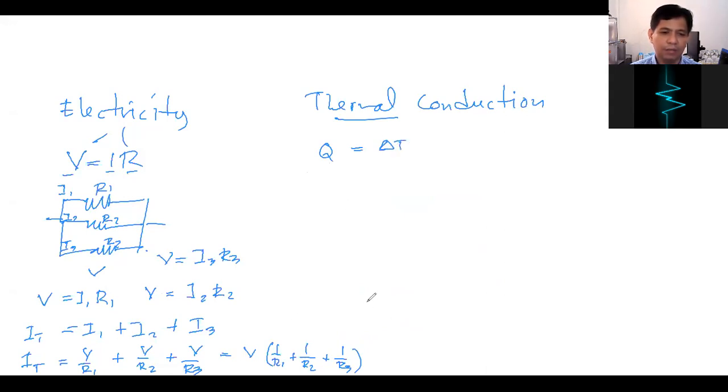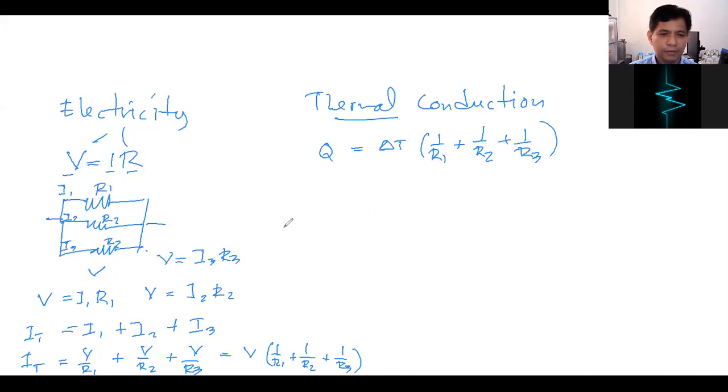So halimbawa, dalawa lang yung ginamit nating material. So that would be 1 over R1. Ito yung delta x1 over K1, yung R1 na yan. 1 over R2. Kung gusto nyo tatlong material yung in parallel, 1 over R3. Kaya ganyan yung formula ng thermal conduction.